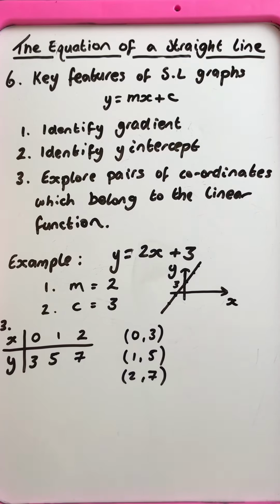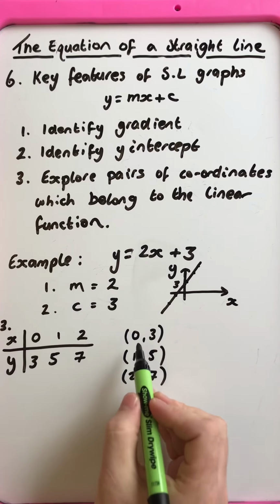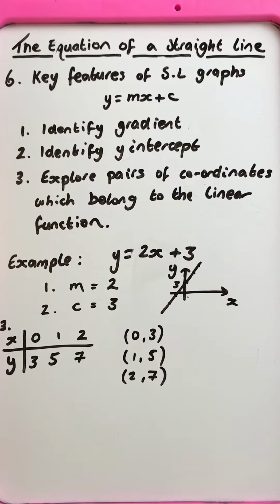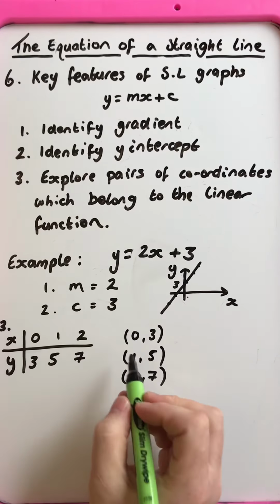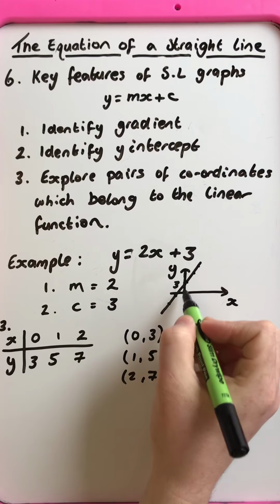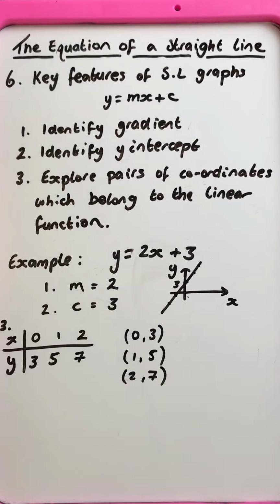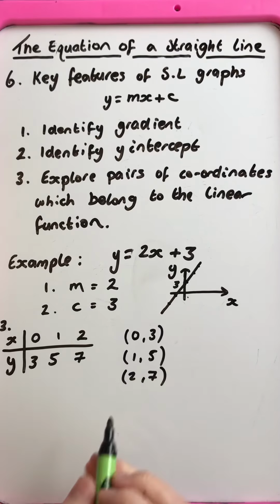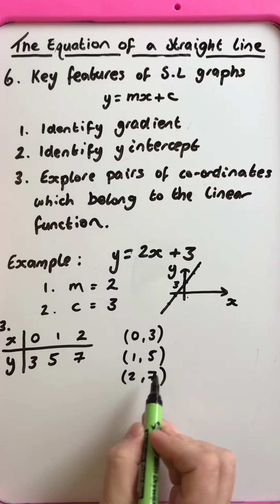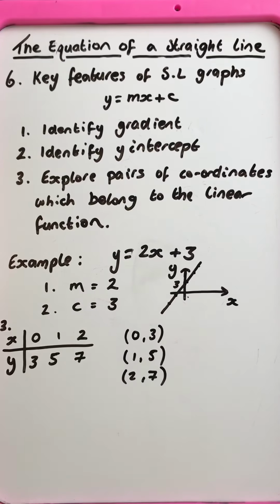Okay, so they are 3 coordinates that lie on this line. 0 and 3. Must be a relationship there. Have you thought about that relationship there between that coordinate point, that intercept, and that? You're making connections. 1 and 5, so 1 along and 5 up. 2 along and 7 up.